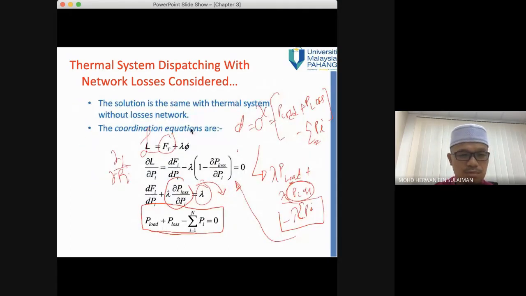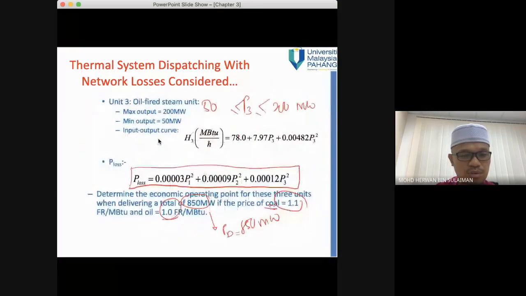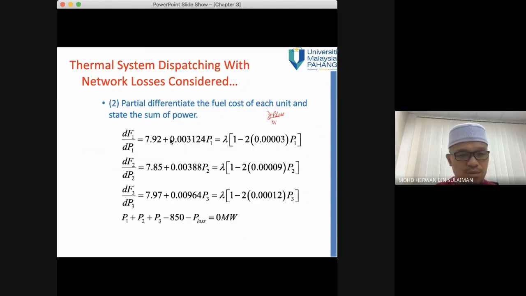You have your loss equation here. When you have dp loss over dp1, with respect to p1 only, the rest need not be considered. So you get 2 times 0.00001234 p1. So this is the partial derivation, and that's why you get this equation.